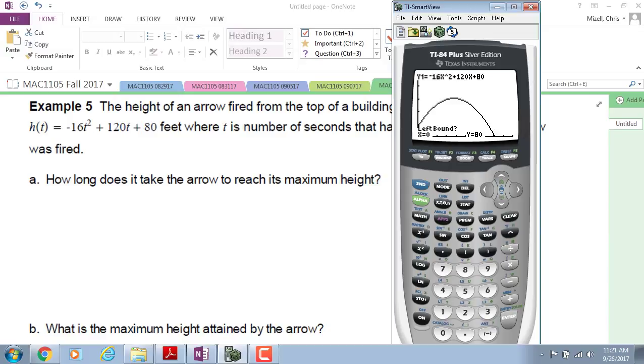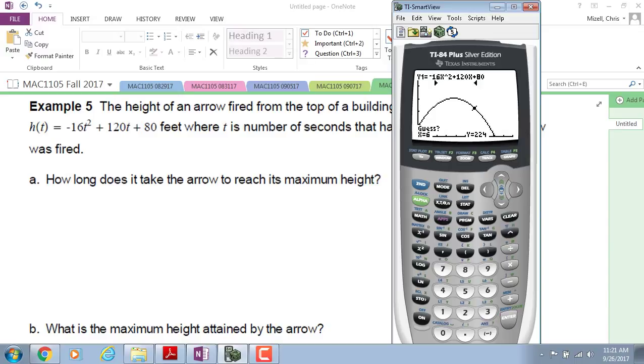Looking at it, it looks like it's about 1, 2, 3, maybe almost 4 seconds. So for a left bound, just to be on the safe side, I'm going to say 2 seconds. For a right bound, I think I'll be on the safe side if I input 6 seconds.